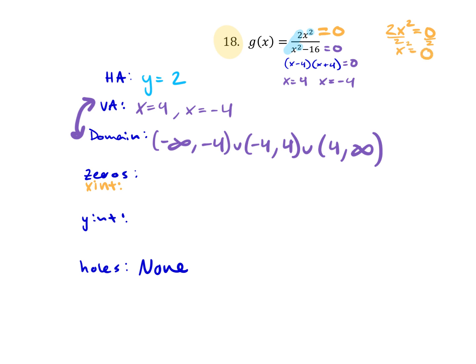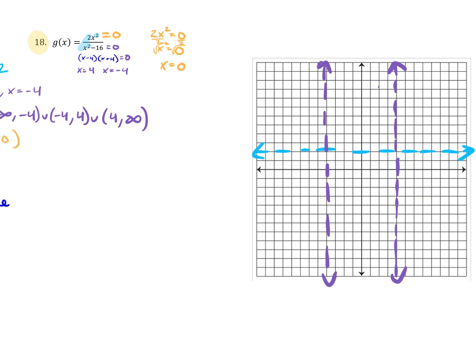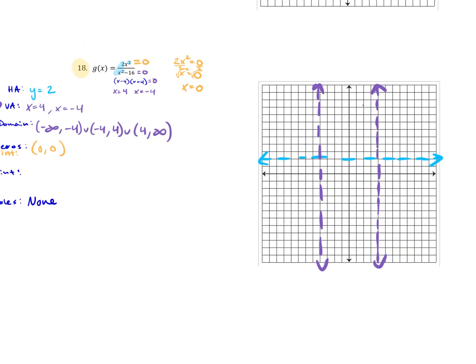So x squared equals 0. Take the square root. What does x equal? What's the square root of 0? 0. So our x-intercept, how would I write that as a coordinate point? 0, 0. So I'm going to plug that in. I have a point at 0, 0.